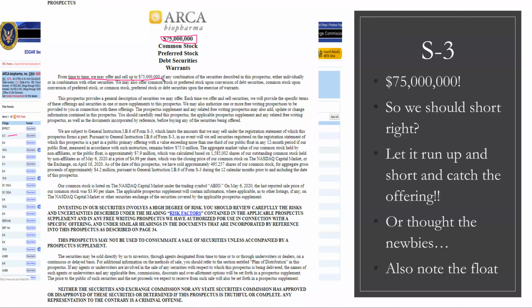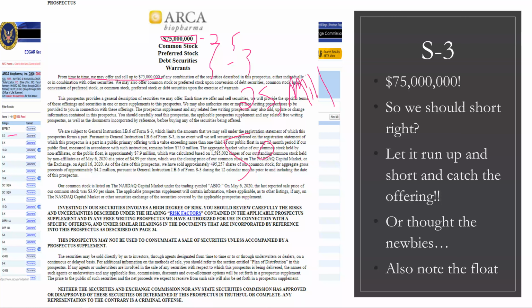Well, what this means is they can raise off this S3, and let's say they raise 25 million. How much is left on this shelf? You just subtract 25 million from that. There's still 50 million that you can raise.